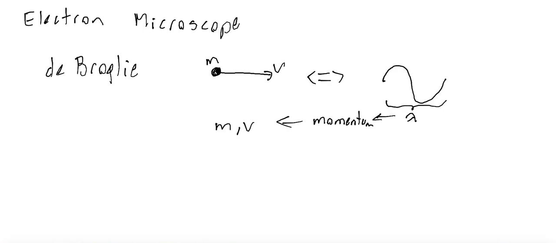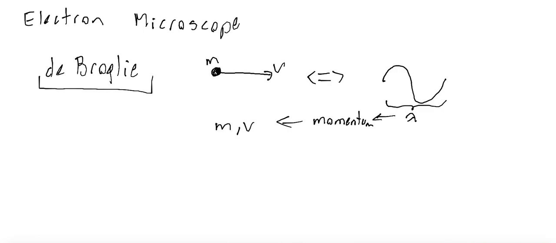Okay, so basically, if you have a particle which travels with a certain speed, then this particle has an associated wave of wavelength given by the de Broglie equation. I will present this equation in one moment. But this wavelength depends on the mass of the particle and the velocity of the particle. So any moving particle has a wave of a given wavelength.